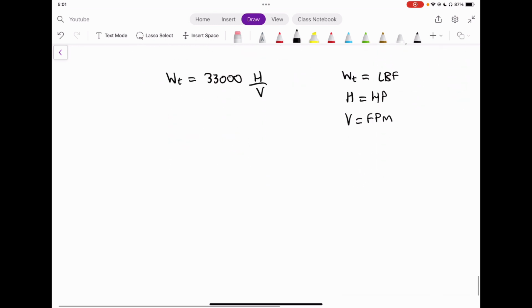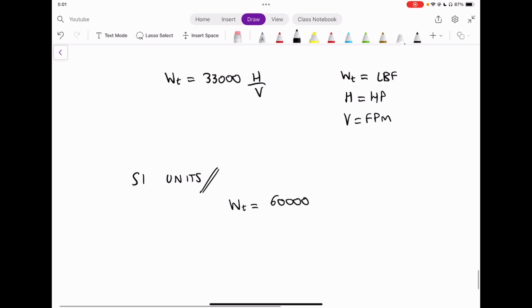The other thing is, for SI units, we have that WT is equal to 60,000, and again, this is a unit conversion, times H divided by pi dn.